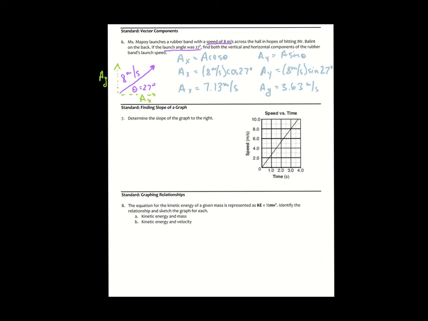All right, number 7. Determine the slope of the graph to the right. So here you have a graph that's linear, and in order to calculate for slope, here's your equation. Slope is change in y over change in x, or y2 minus y1 over x2 minus x1, rise over run. Okay.